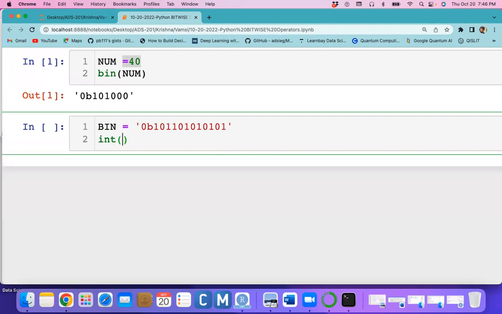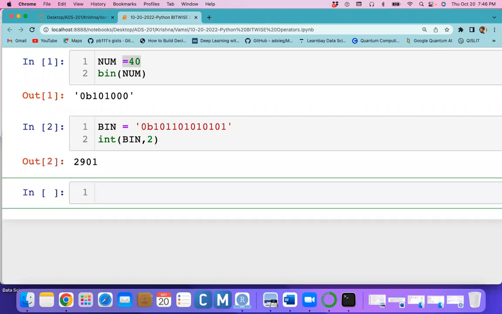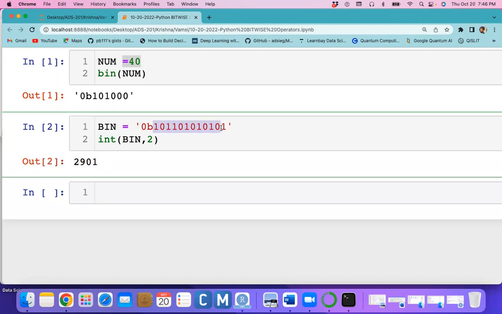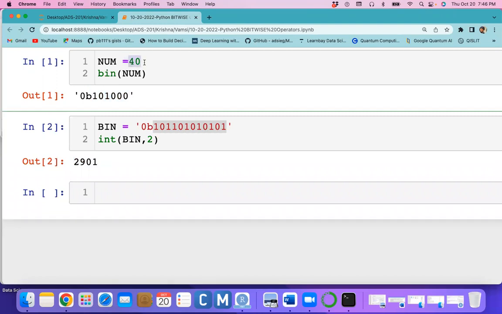We can use the int function, and we can provide the binary number. Then we have to provide the base. So binary number base is 2, so we get the output 2901. So 2901 is the decimal number for this particular binary number.